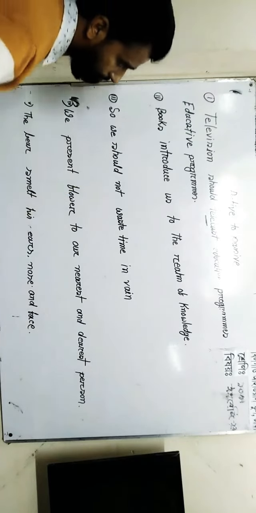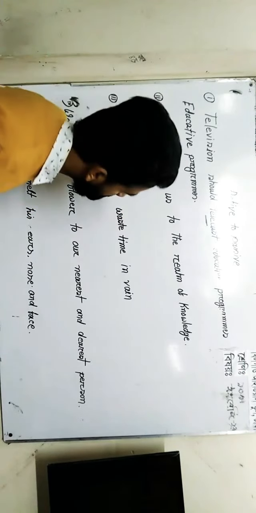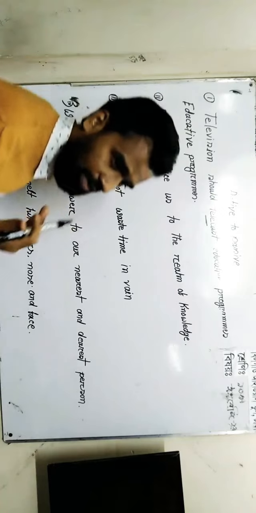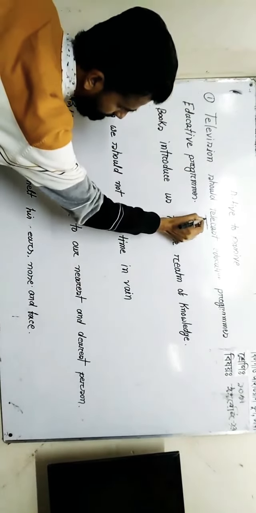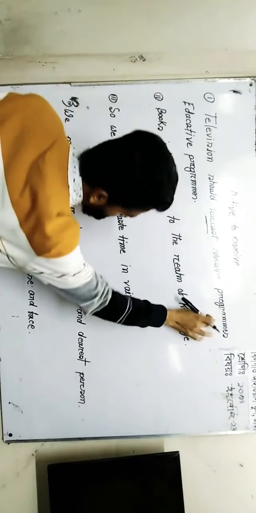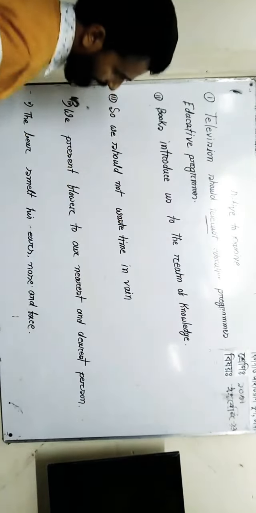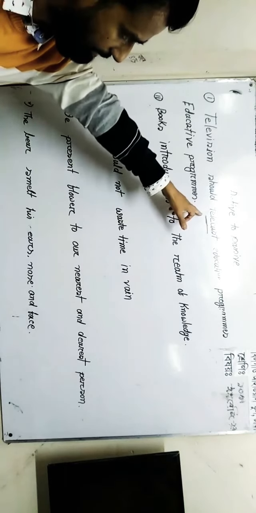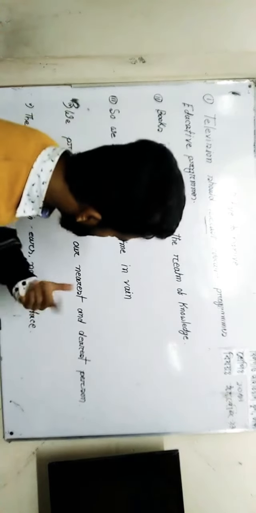When you want to make passive voice, first of all you have to find out the verb, because before the verb is the subject, and after the verb the object is placed. So, telecast is the verb. After the verb, the object. You always first find out the object. Then you have to find out the tense. It's present indefinite tense.